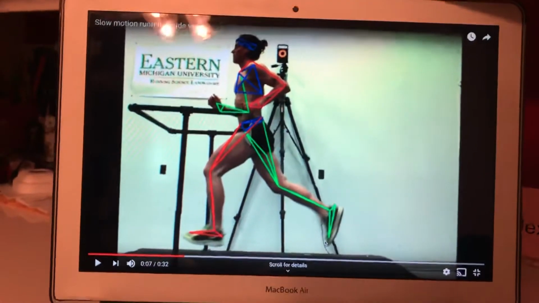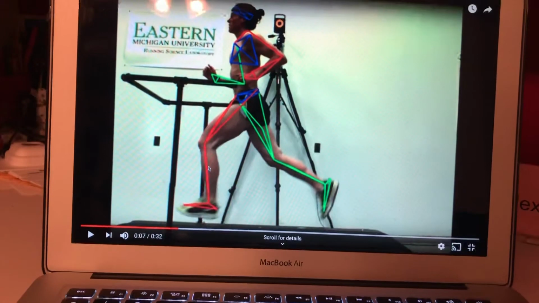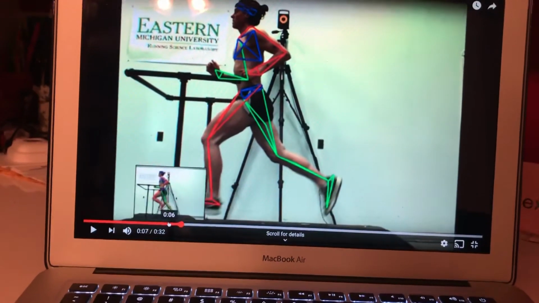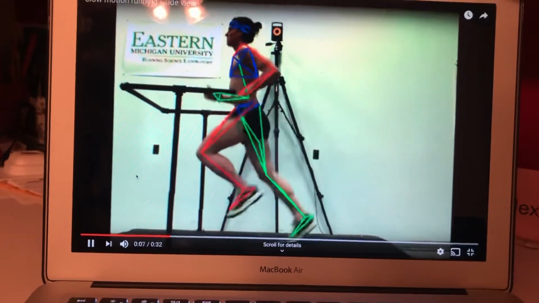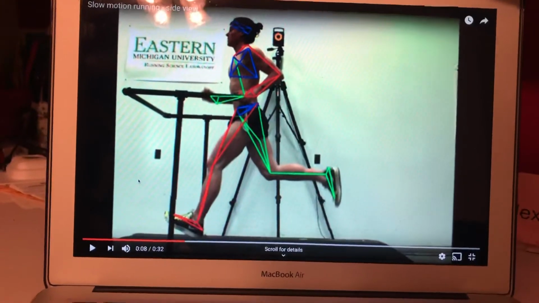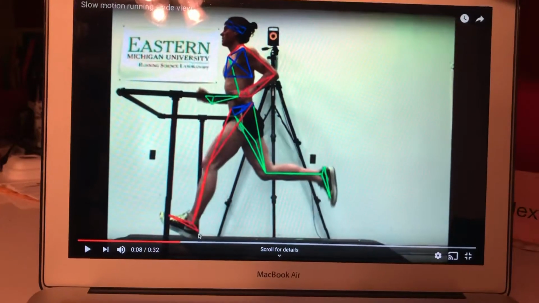And so as far as analysis goes, I'm looking at his left leg right here, the one closer to us. And the main thing is that he is a rear foot striker, as we can see right here. So he lands on that back part of his foot, basically on his heel.